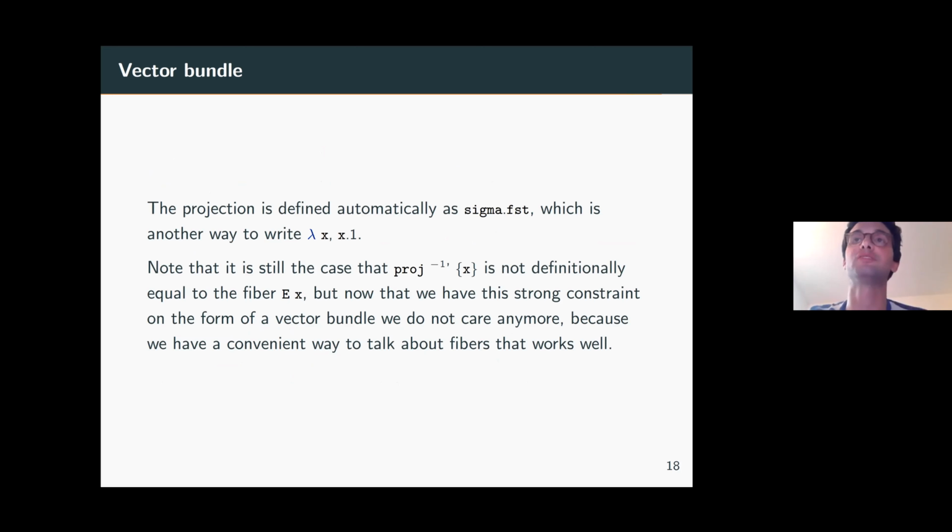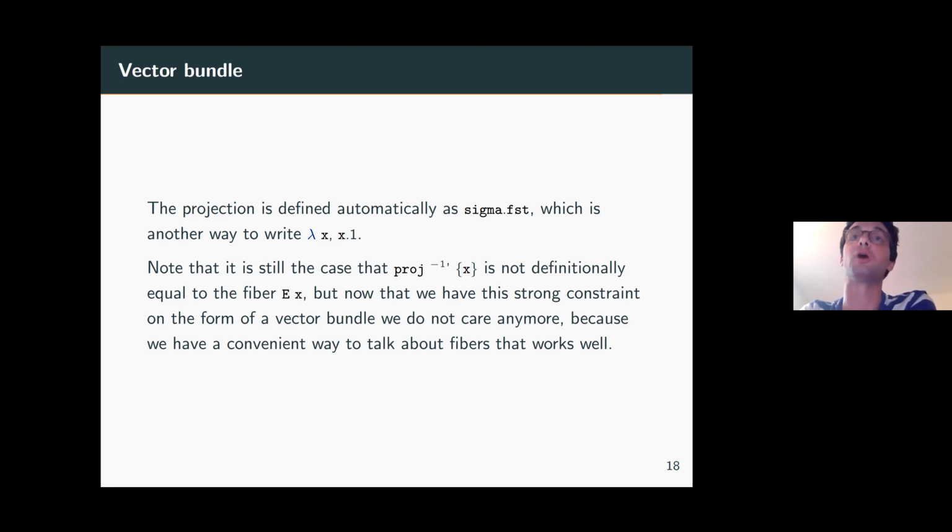The reason why it solves that problem is that now that we have this strong constraint, we will always talk about the fibers of vector bundles through this map, and we will not need anymore to use the projection and the pre-images of the projection. I want to remark that it is still the case that the pre-images of the projection are not definitionally equal to the fiber given by this map, so E of X in this case.